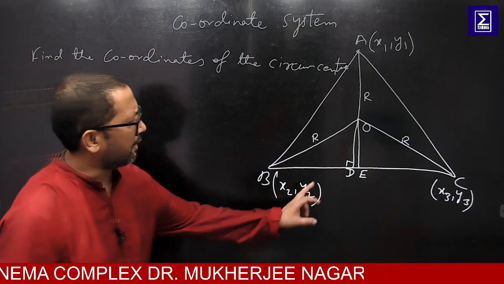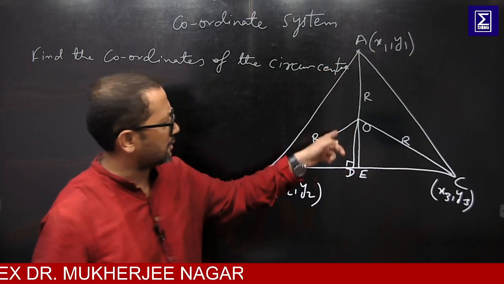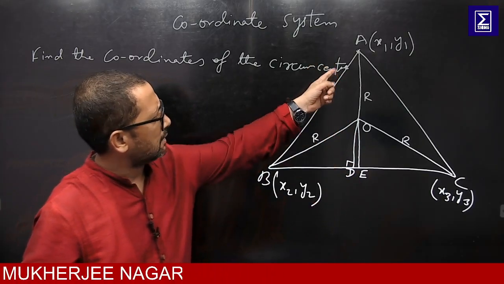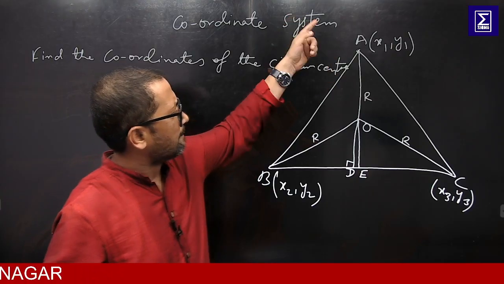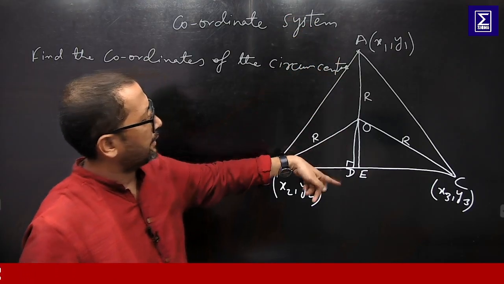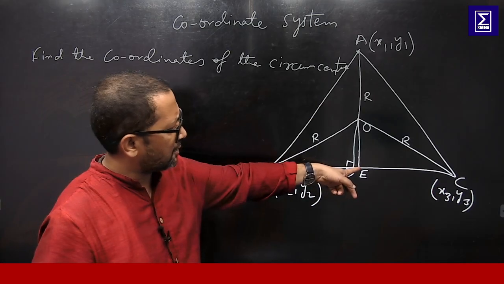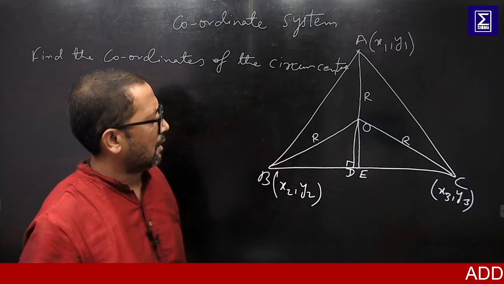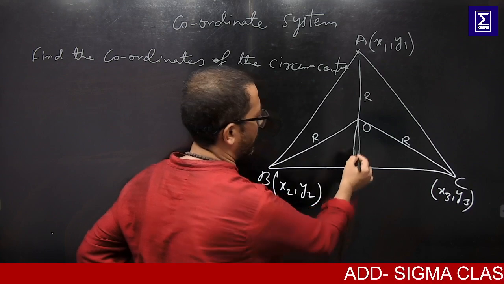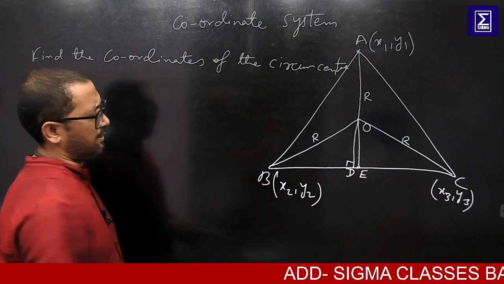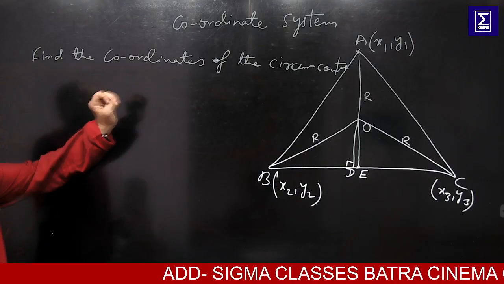So we have OD perpendicular on BC, where point E is on BC. What we have to find is the coordinate of the circumcenter.